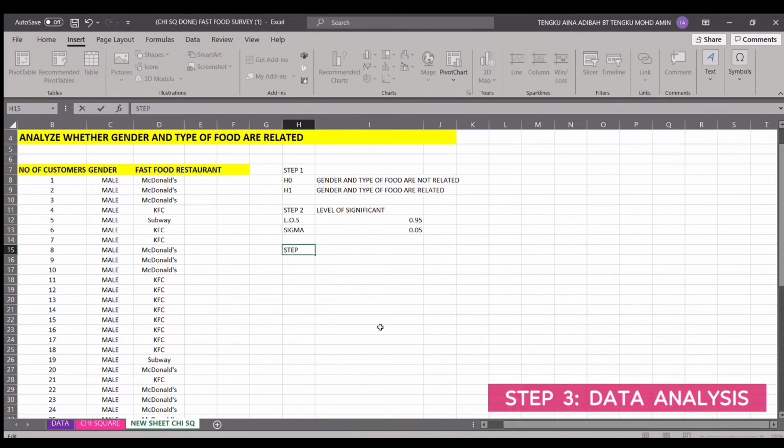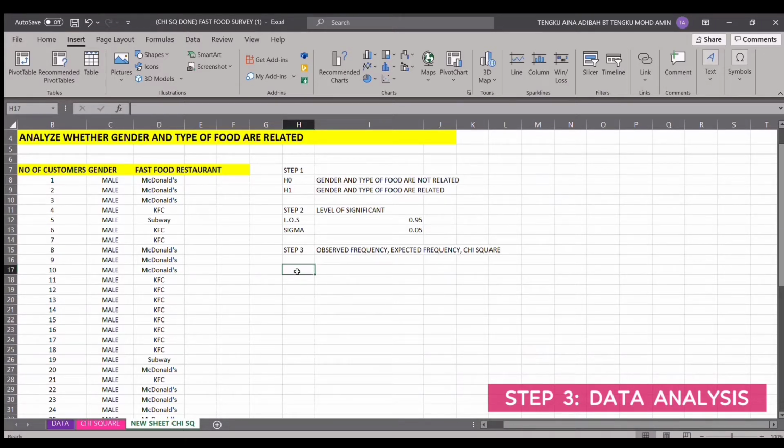So moving on to step 3. Step 3 consists of the observed frequency, expected frequency, and chi-square. All of these are actually ways to find the chi-square, which is used to decide whether the hypothesis is rejected or fails to be rejected.